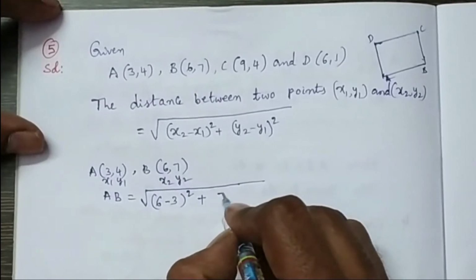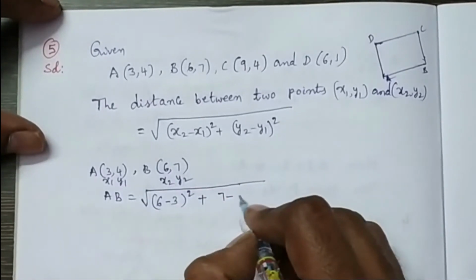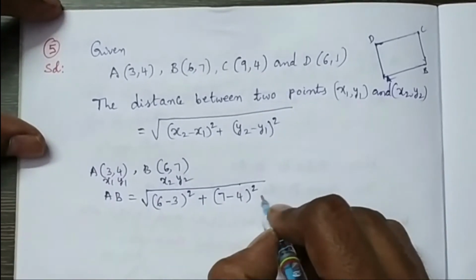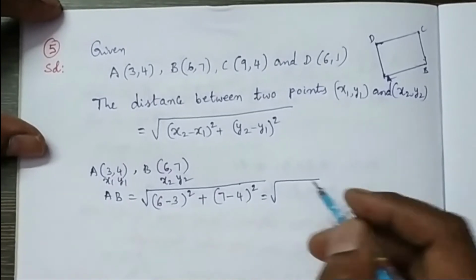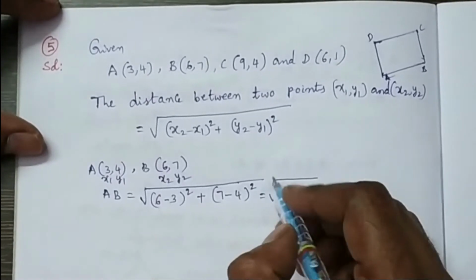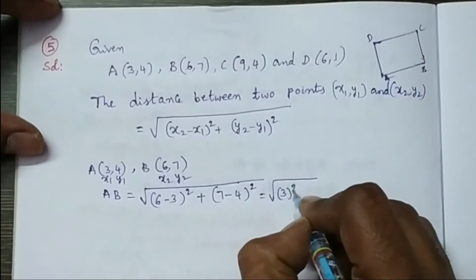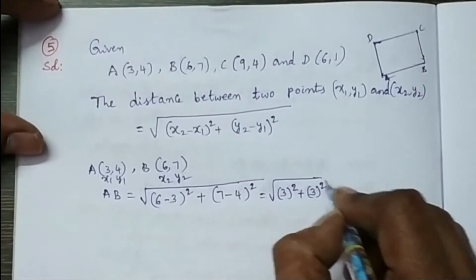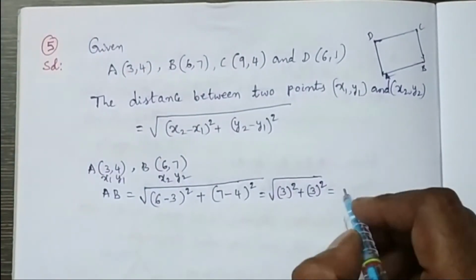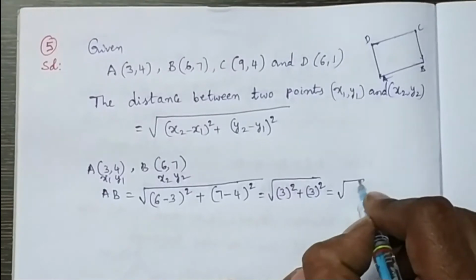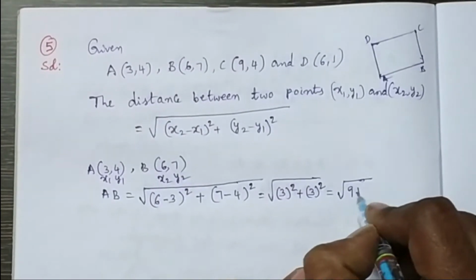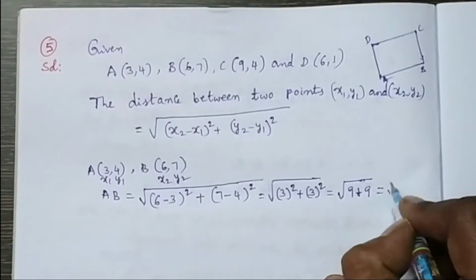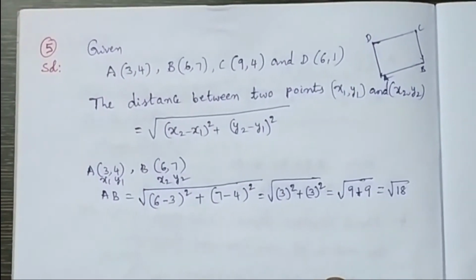Substituting: 6 minus 3 whole square plus 7 minus 4 whole square. 6 minus 3 is 3, whole square, plus 7 minus 4, also 3, whole square. So square root of 9 plus 9, square root of 18 units.